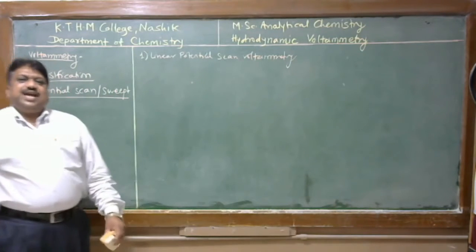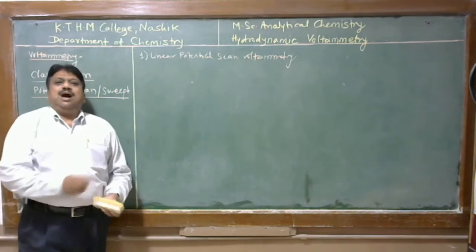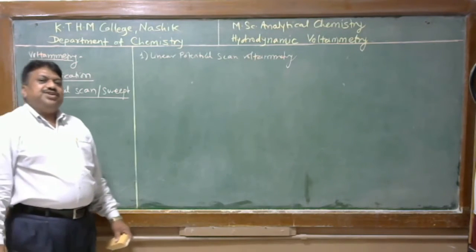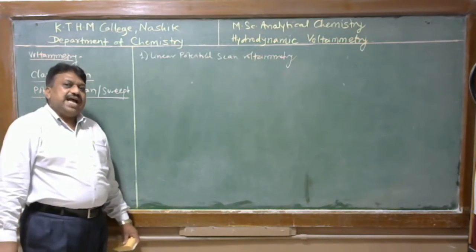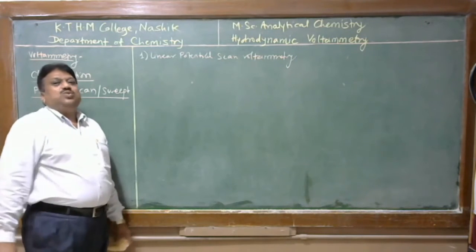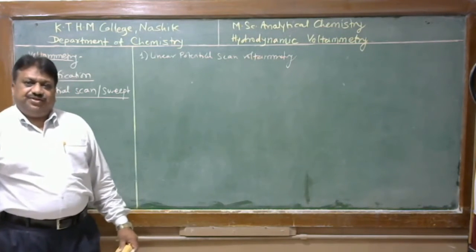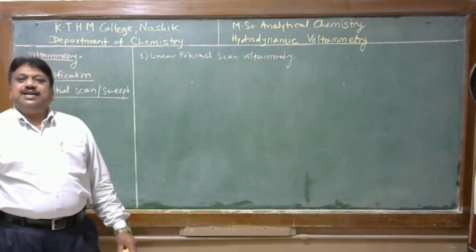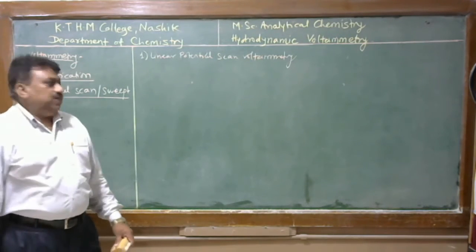Linear potential scan voltammetry comprises those voltammetric methods of analysis in which the potential of the working electrode is scanned either to the positive direction or negative direction in order to carry out either oxidation or reduction of the analyte on the working electrode.